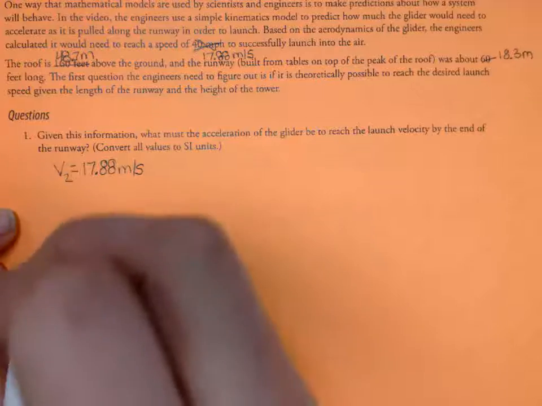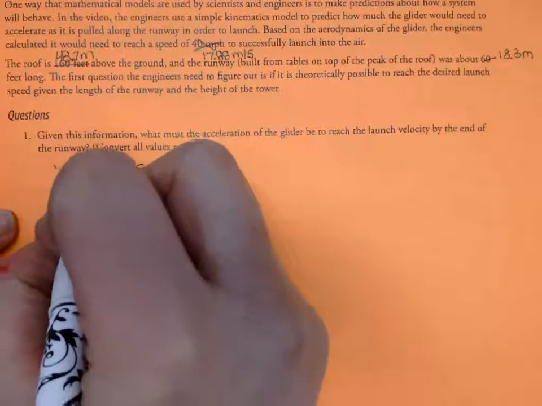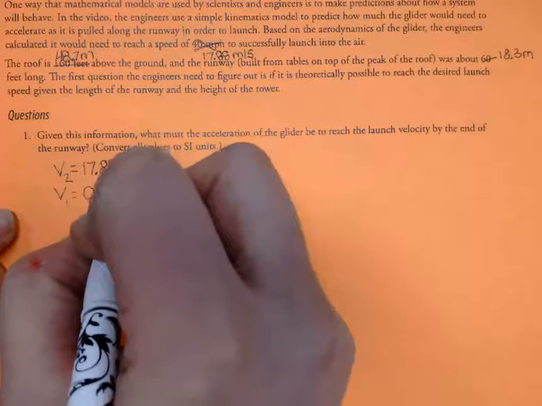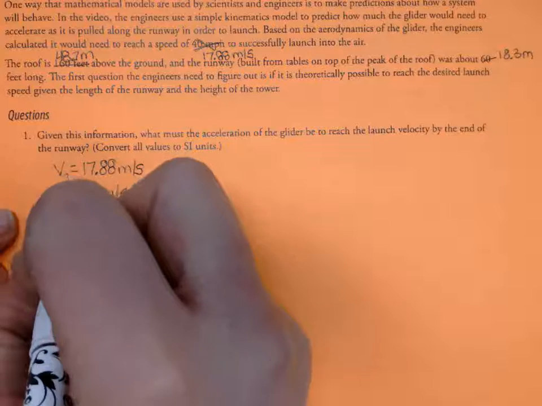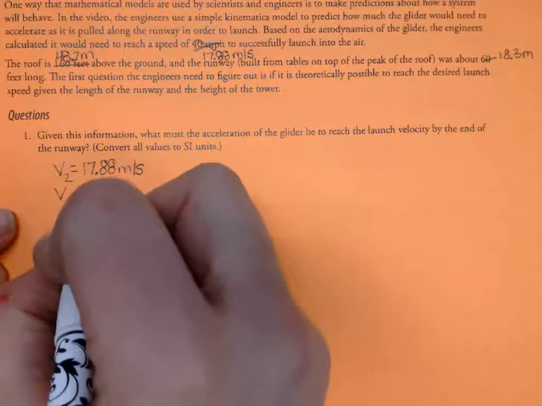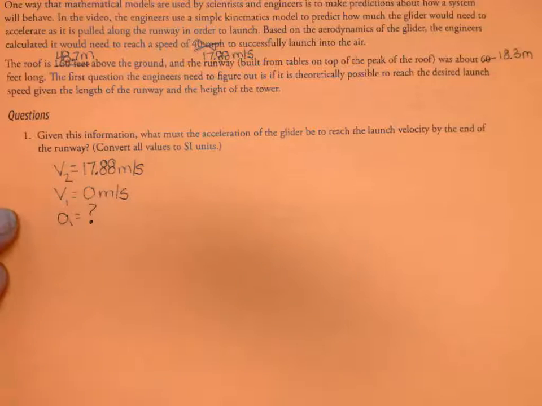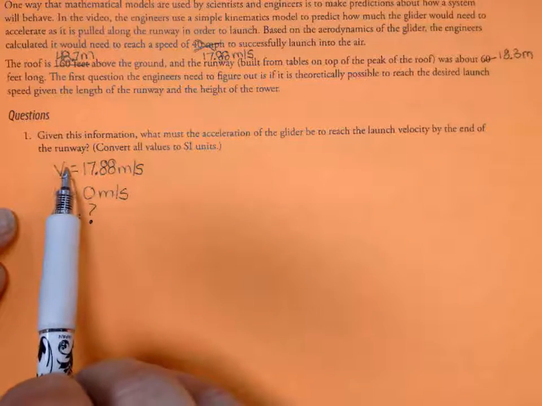We start out from just sitting at the front of the runway. So our initial velocity is 0 meters per second. We're looking for acceleration because it says, what must the acceleration be? So I'm going to put a big question mark by acceleration.